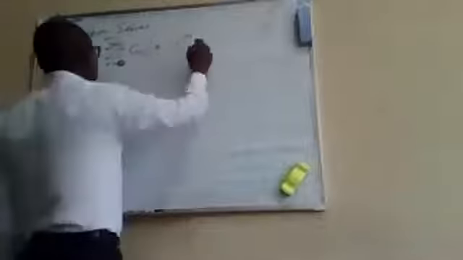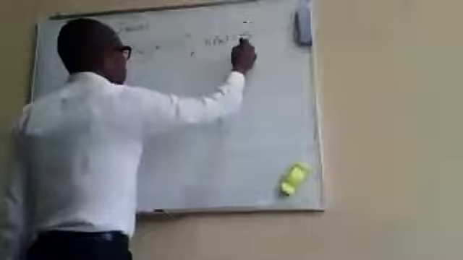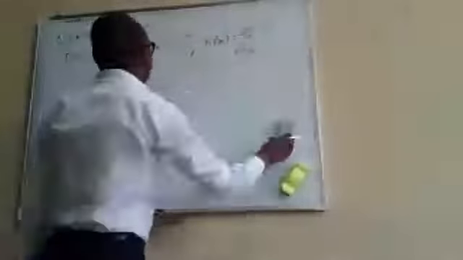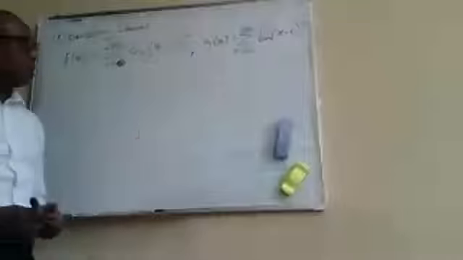Then let's say we now have another series, which is g of x, that is the summation from n equal to 0 to infinity of bn (x minus c) raised to power n. So these are two series. The series can be added and subtracted. We can add these two series together by saying f of x plus g of x.